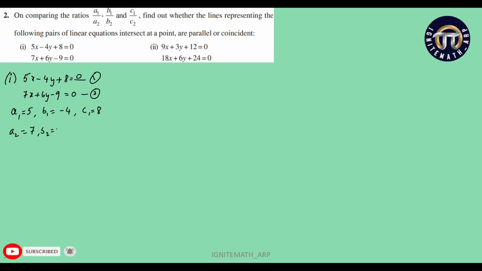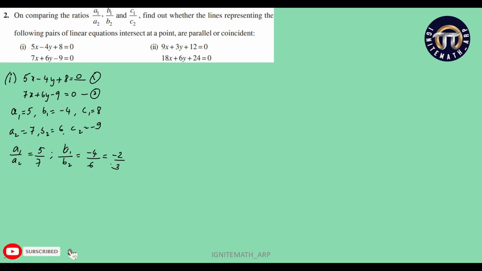Then b2 is equal to 6 and c2 is equal to minus 9. Clear? So a1 by a2 is 5 by 7. Then b1 by b2 is minus 4 by 6, that is equal to minus 2 by 3.